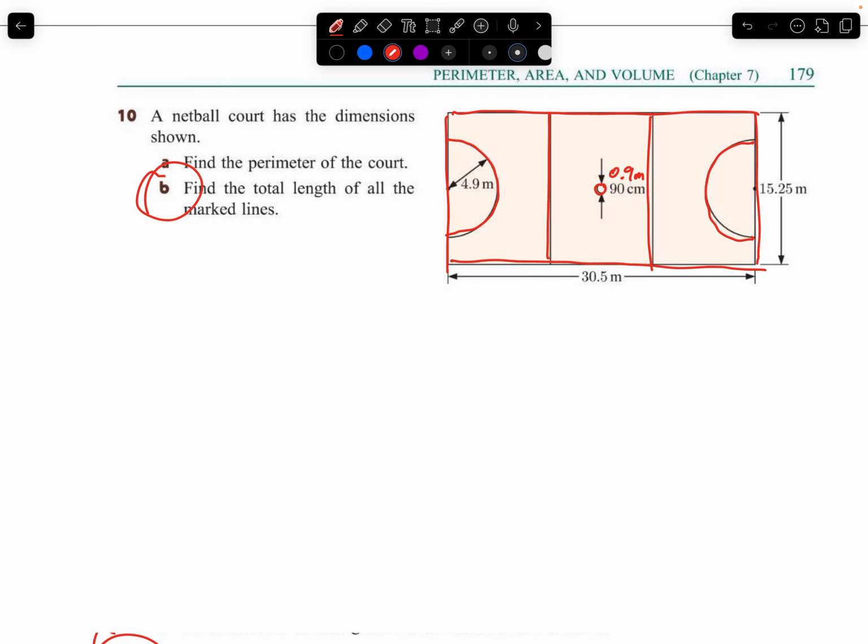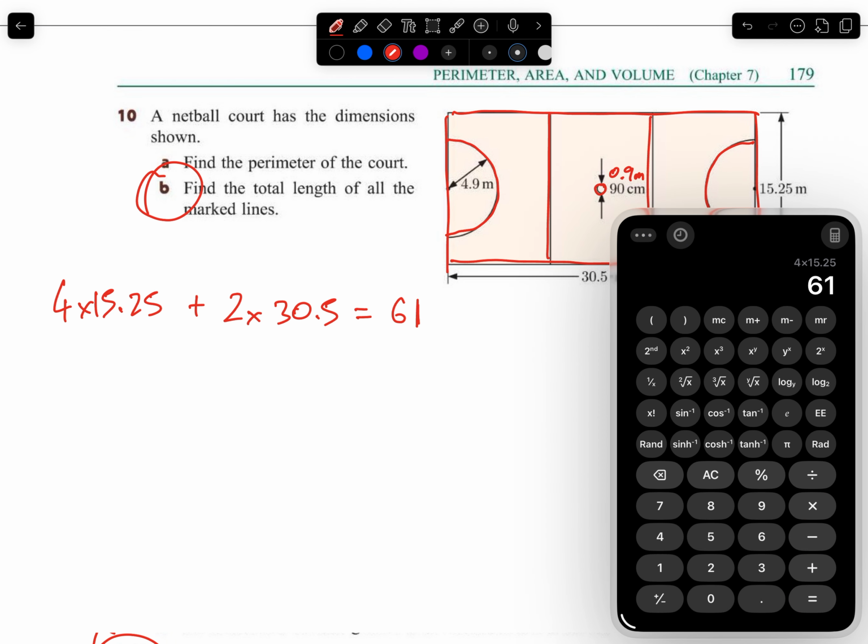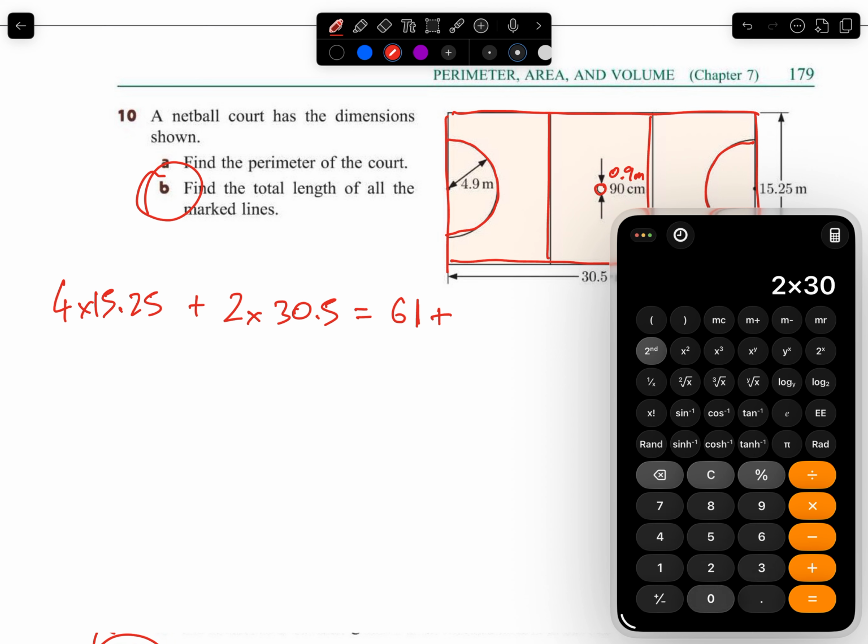So let's do the vertical lines, 4 times 15.25, plus the horizontal lines, 2 times 30.5 equals 4 times 15.25 is 61, plus 2 times 30.5, 61.